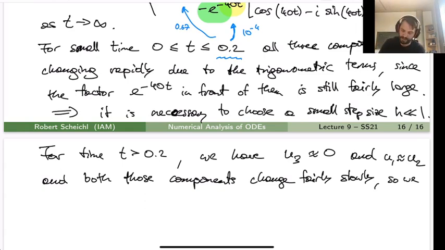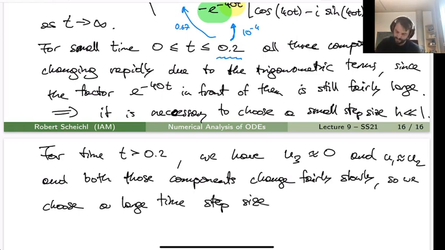So we could choose a large time step size, bigger than or equal to 0.1.